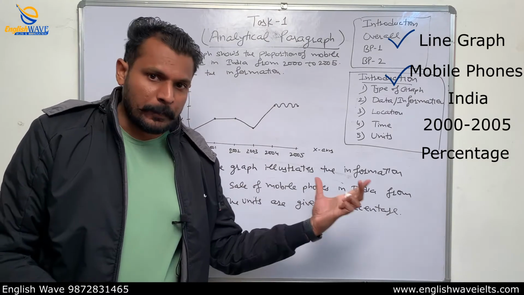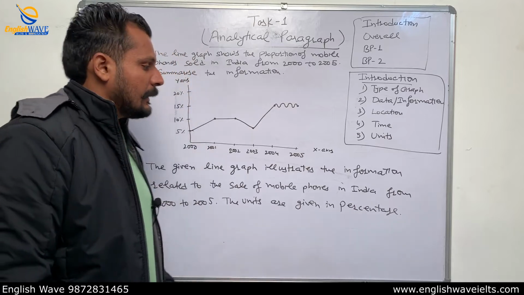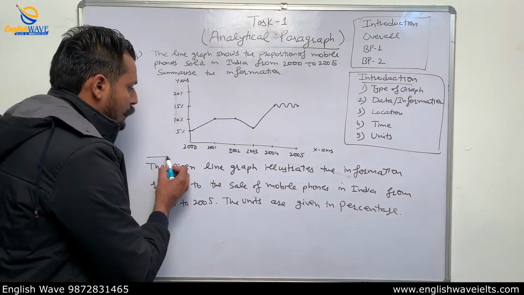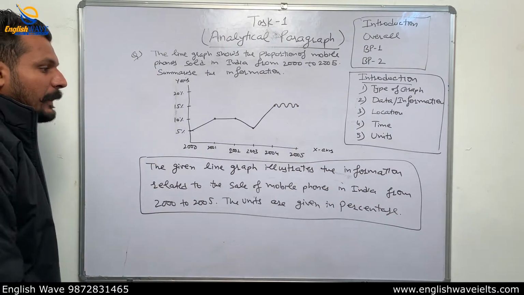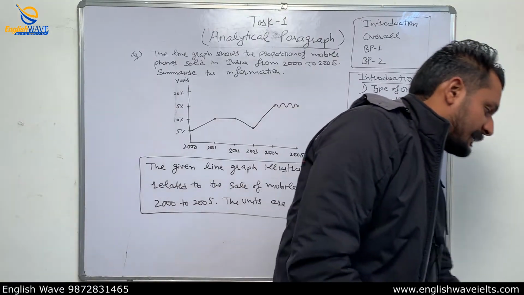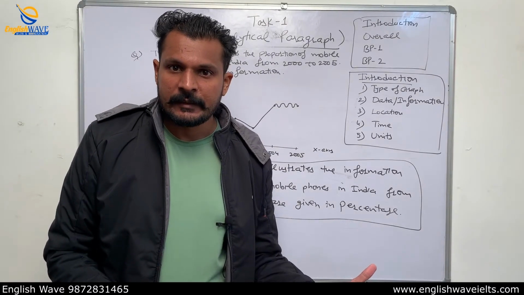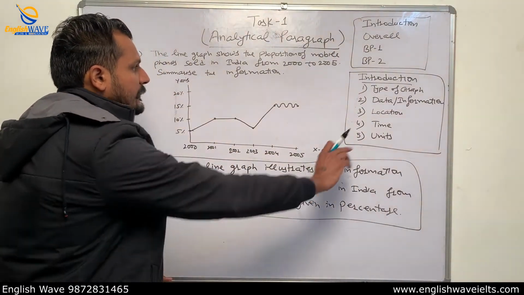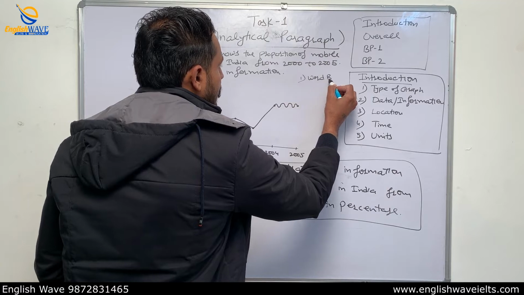Very simple. But now some difficult part comes. What is the difficult part? That we have to paraphrase these tenses. Paraphrase means we have to change the words with their synonyms. That is word-based paraphrasing. We have 2 types of paraphrasing. First, word-based paraphrasing.